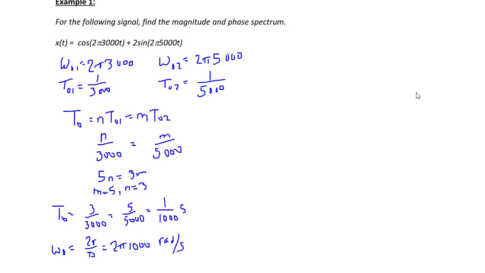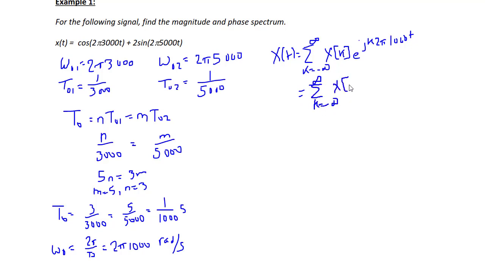So now we're going to solve for x(t). x(t) equals the summation from k equals negative infinity to infinity of x(k) e to the j k omega naught t, so that's e to the j k 2 pi 1000 t. Or we can write this as the summation from k equals negative infinity to infinity of x(k) e to the j k 2000 pi t.